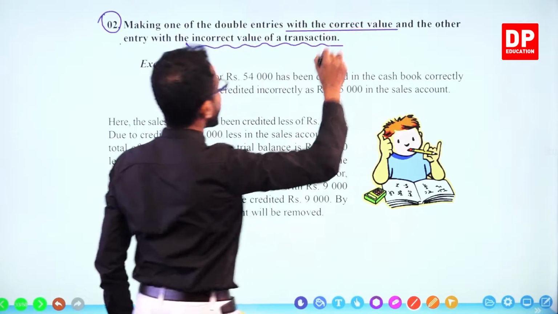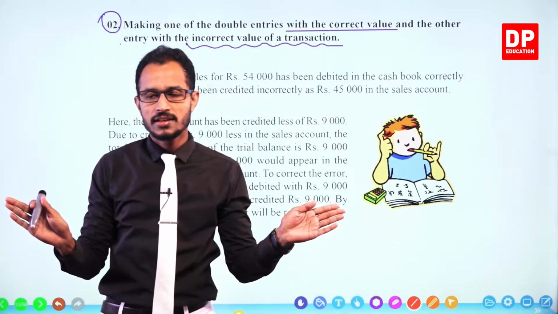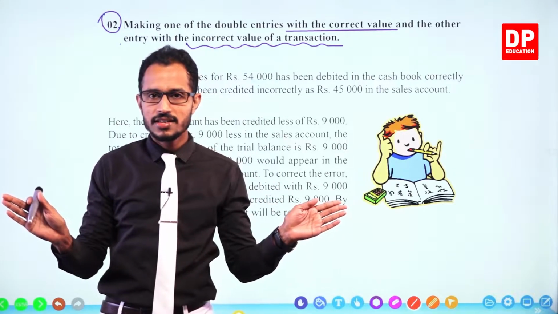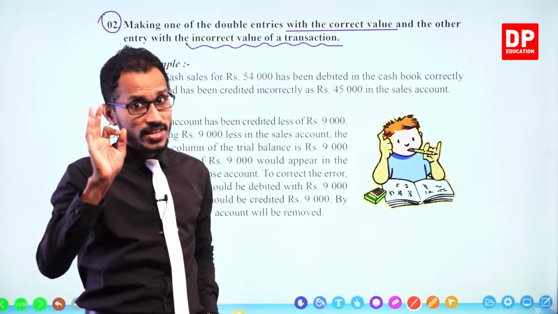One entry, that means the debit entry or the credit entry, is done with the correct value.